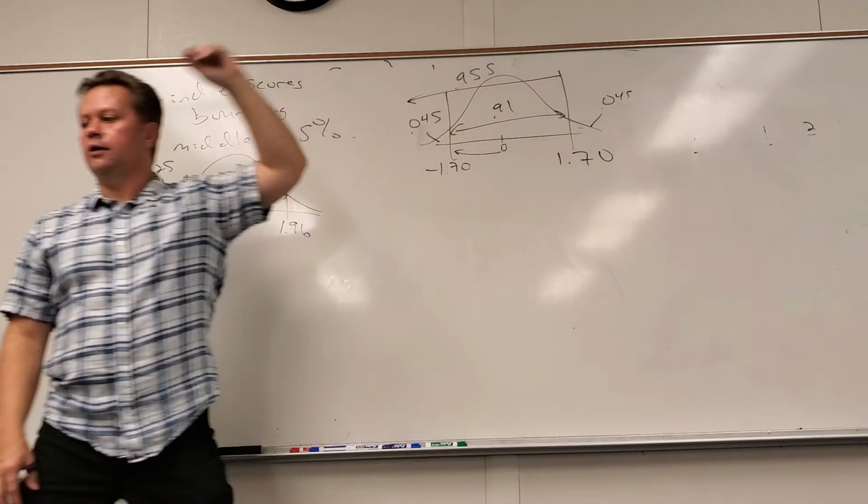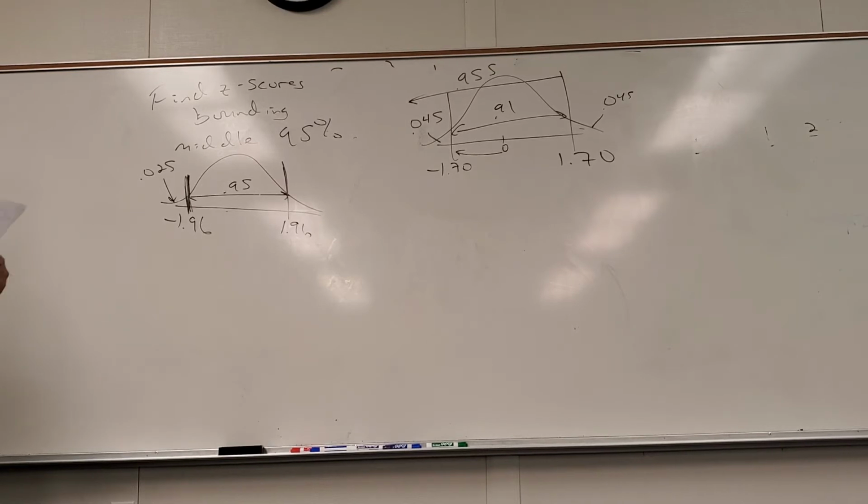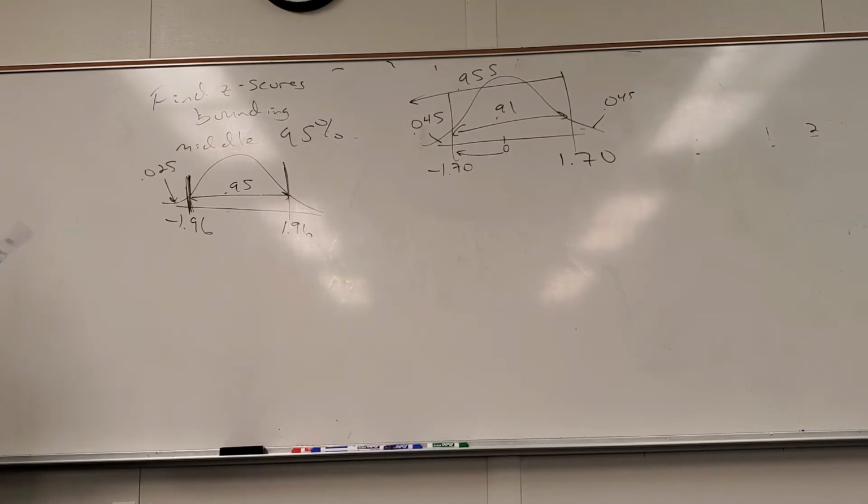So if you look up 0.955, just try it. The closest I can get is 0.9554. And what's the z-score say? 1.7.